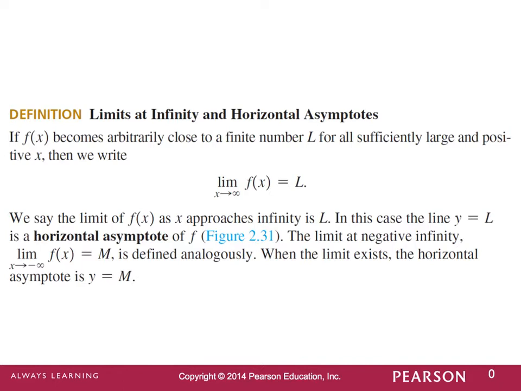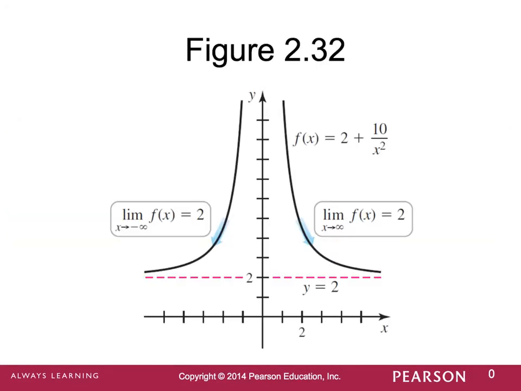We can define negative infinity in a similar fashion and say the same thing about the limit existing and having a horizontal asymptote.